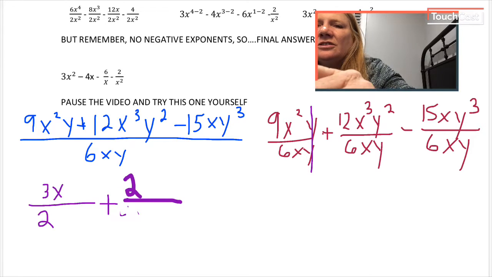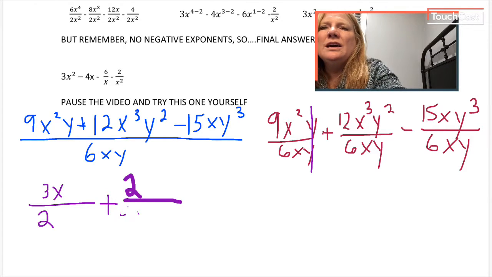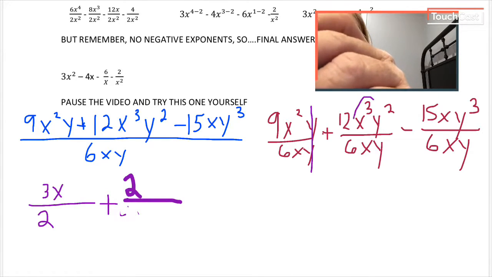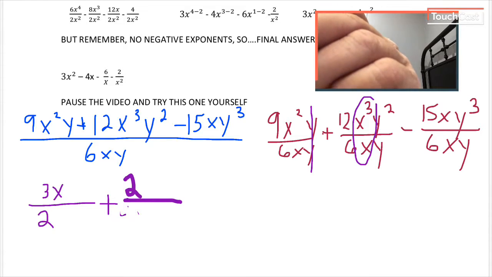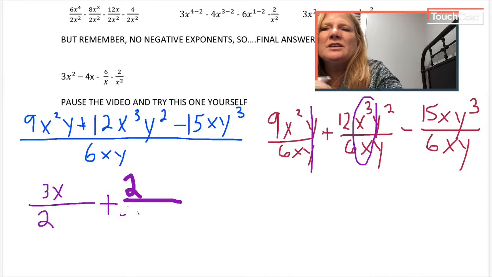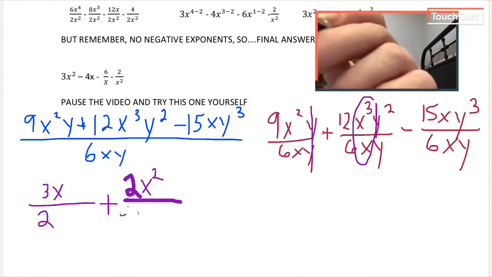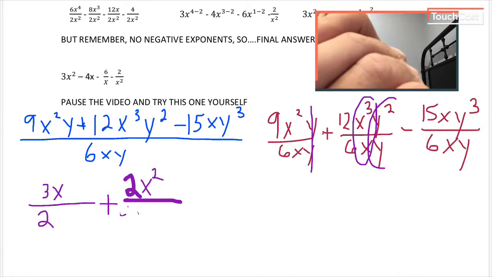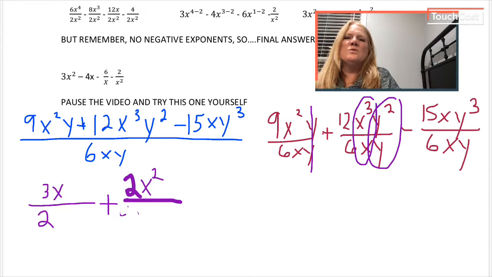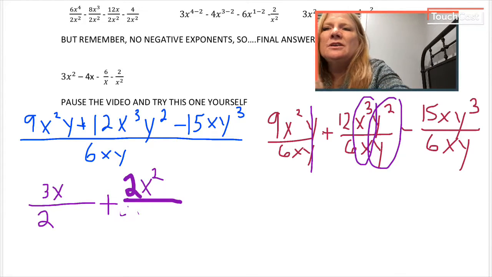So 2, and then the x's, 3 in the top and 1 in the bottom, so that's 3 minus 1, which is x squared. And then our y squared in the top and y in the bottom is 2 minus 1, so that's simply y.